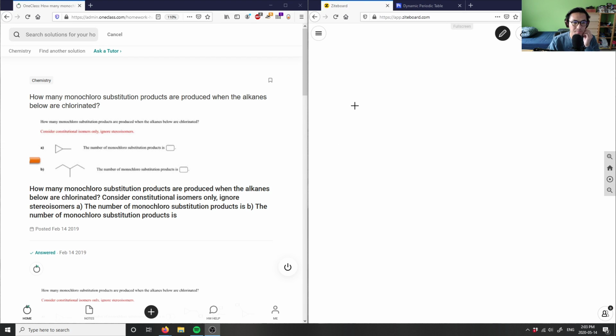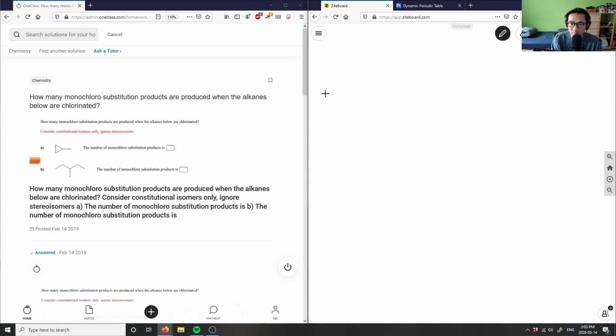Okay, so the first question is asking how many monochloro substitution products are produced when the alkanes below are chlorinated. So this is question one, and I have two compounds here. This is 1A.